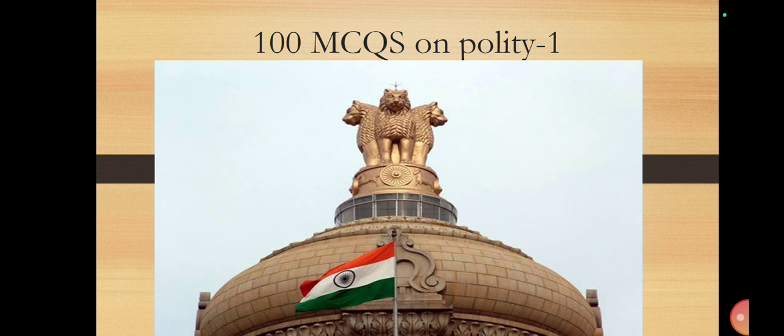Provided that the President may, during the said period, by order authorize the use of the Hindi language in addition to the English language, and of the Devanagari form of numerals in addition to the international form of Indian numerals, for any of the official purposes of the Union, notwithstanding anything in this article.